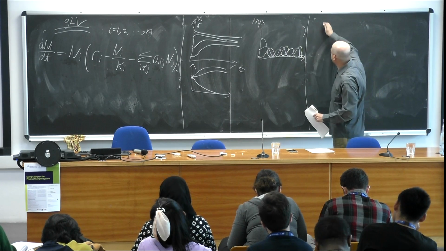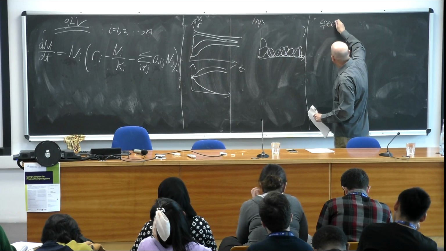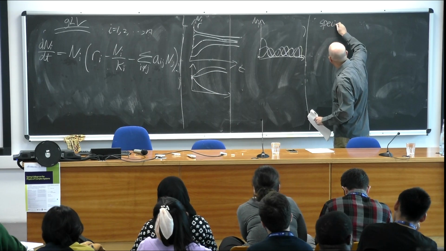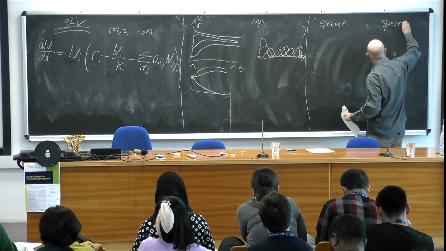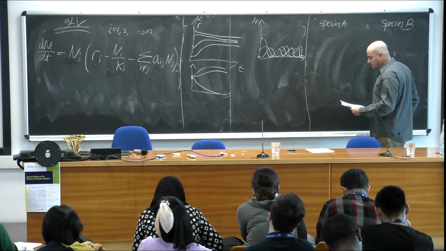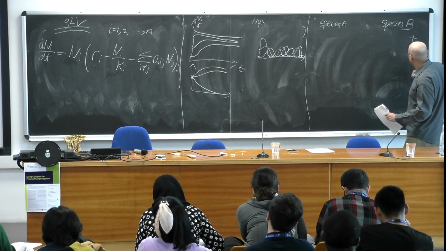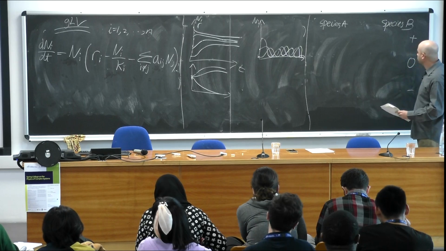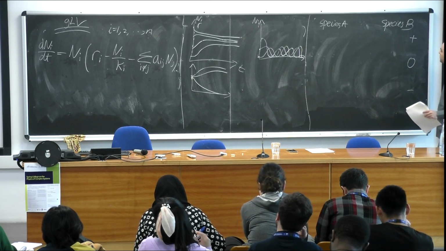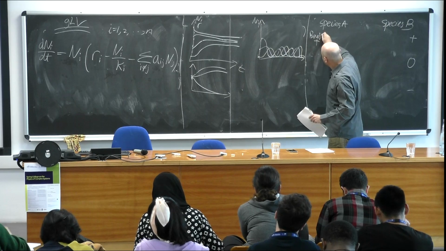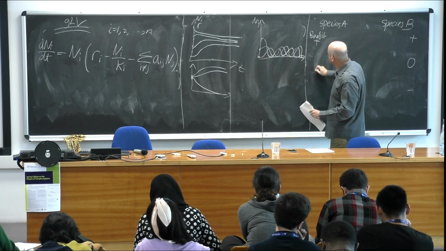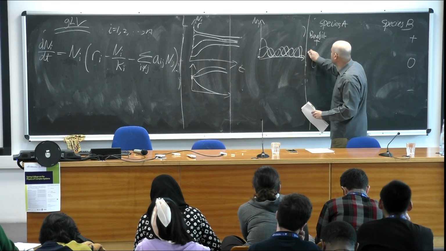Right, so we have some species A, and we have a species B. Okay, and now I have here plus, 0, or minus. Right, so plus is benefit. 0 is no effect.